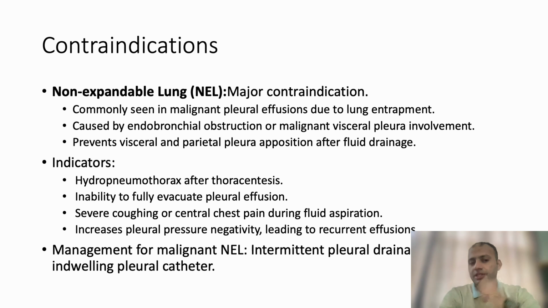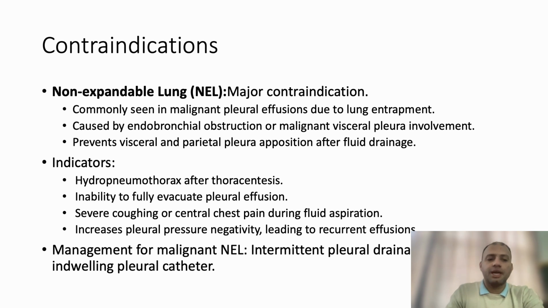The pleurodesis failure is high. Indicators are hydropneumothorax after thoracentesis, a lung that is non-expanded, inability to fully evacuate the pleural effusion, severe coughing or central chest pain during fluid aspiration, and increased pleural pressure negativity leading to recurrent effusions. These are also indicators of high failure or contraindication for pleurodesis.